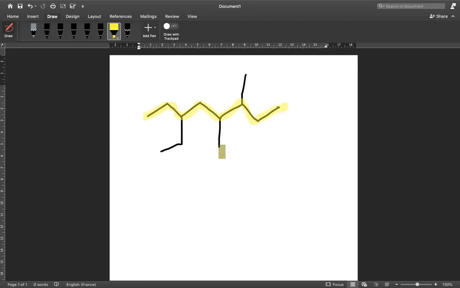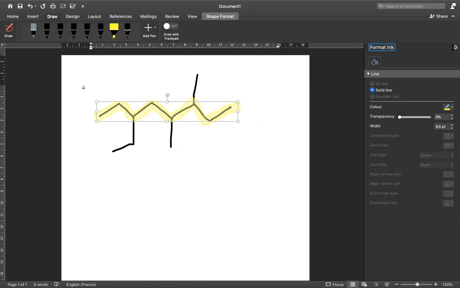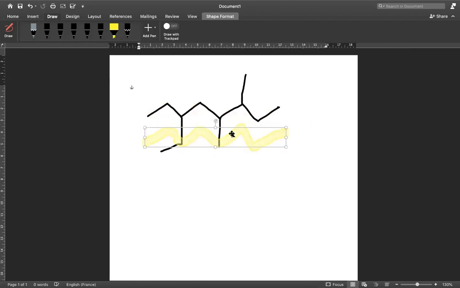It has 9 atoms of carbon. We are supposed to look for the index.